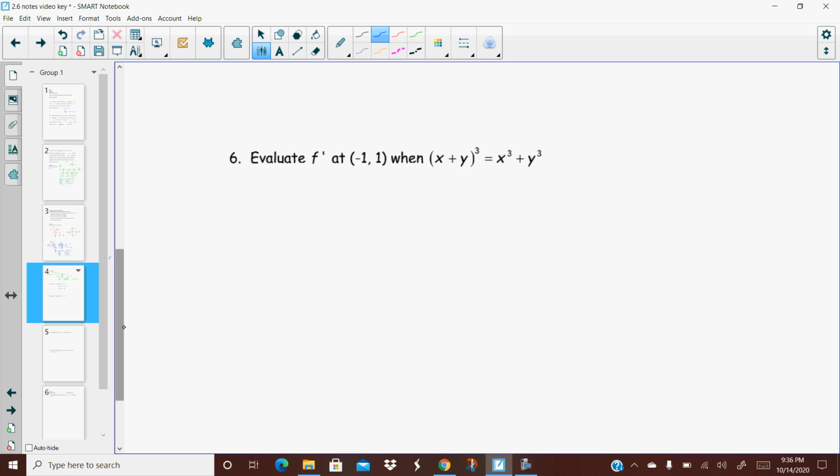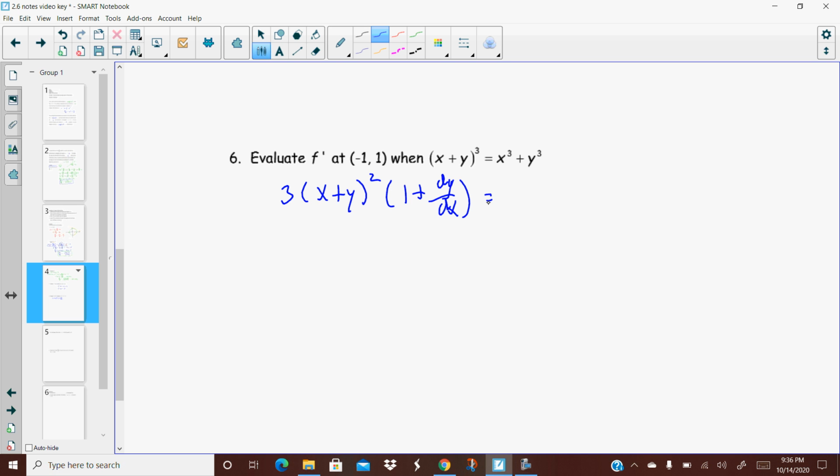All right, so the derivative of the left side, it's a chain rule to start with. So it'll be 3 times x plus y squared times the derivative of the inside. I've got x plus y on the inside. So the derivative of x is 1. The derivative of y is dy over dx.